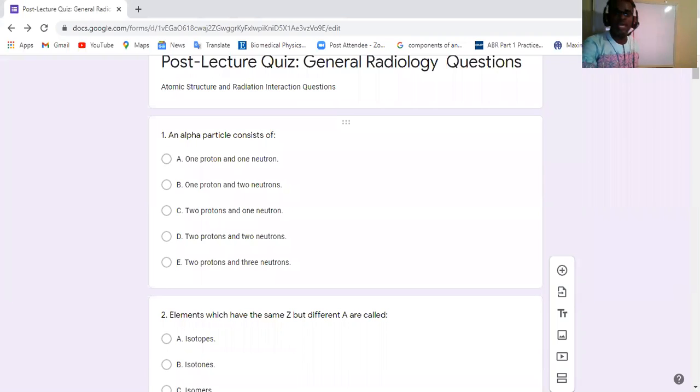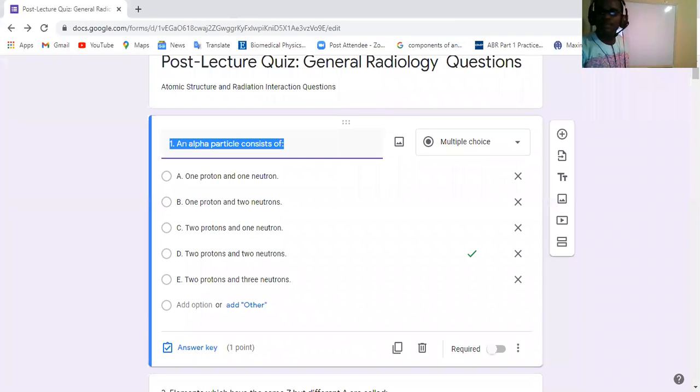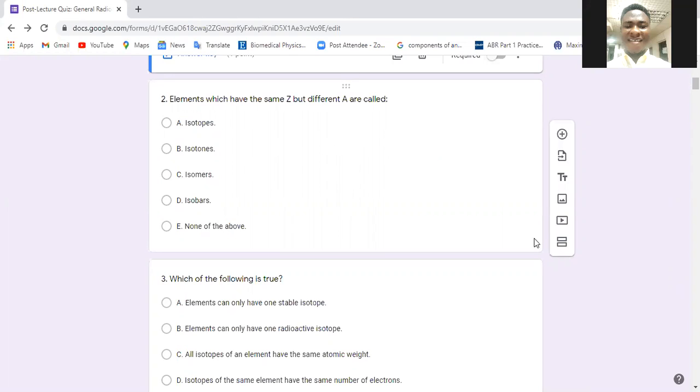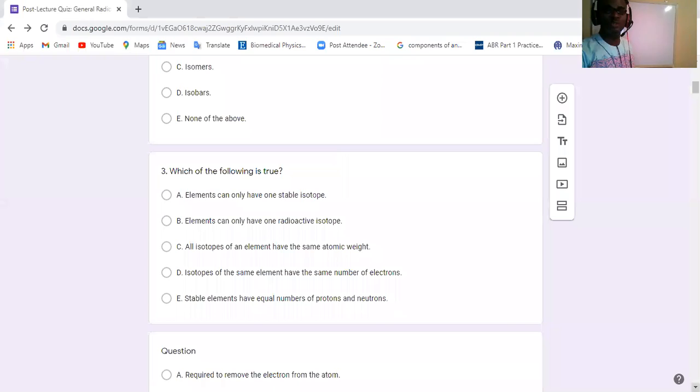So 2 elements with the same Z but different A are called what? Isotopes. That's straight. Which of the following is true?